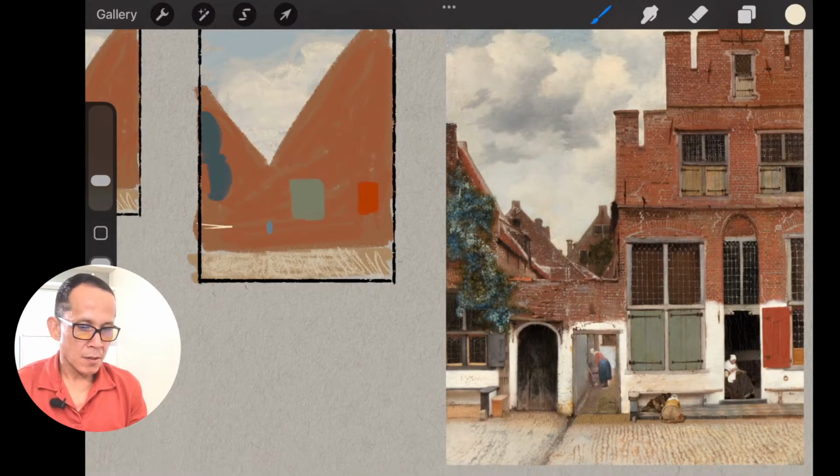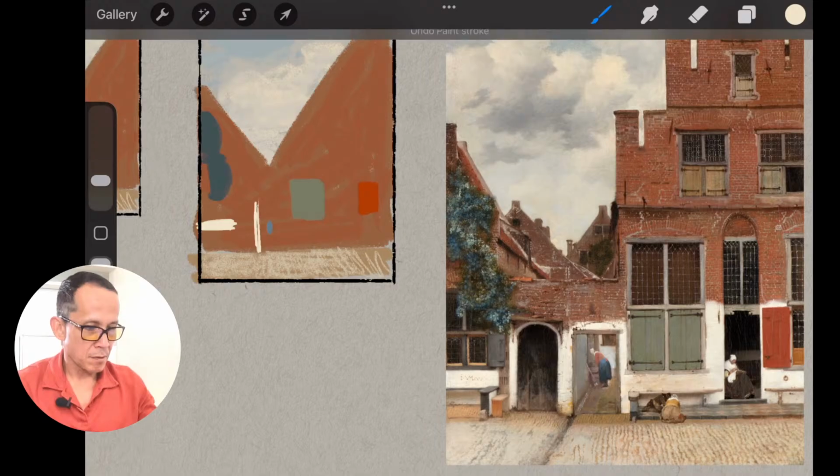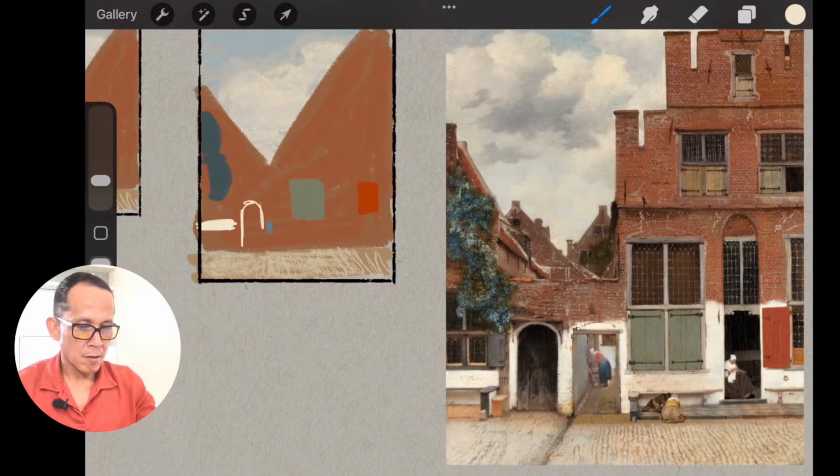What these are, these are little color frames.